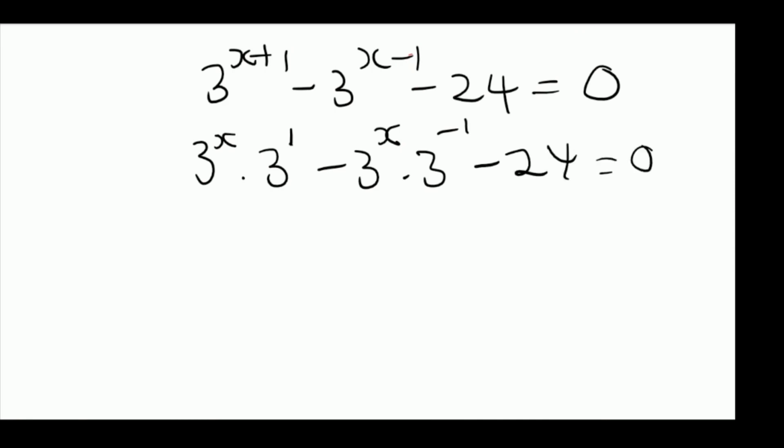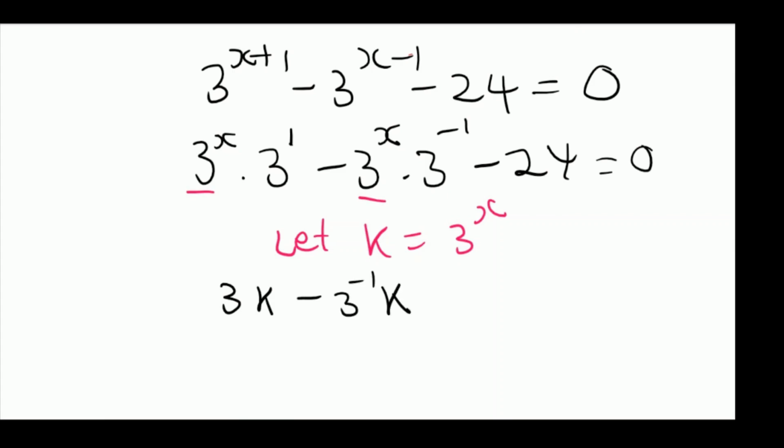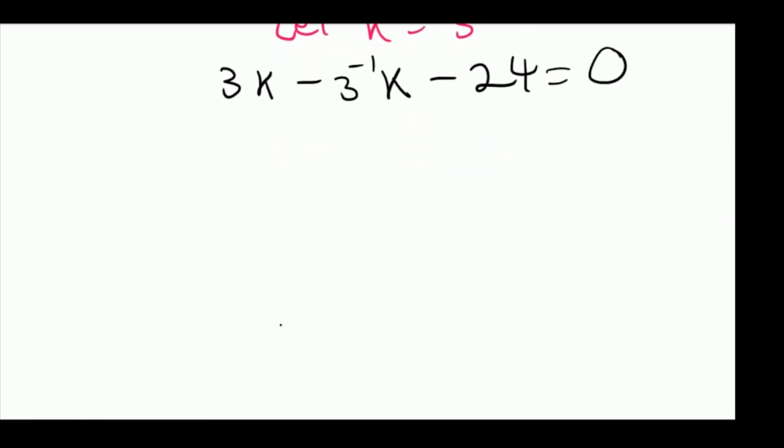Then we let k equal 3 to the power of x, because it's common throughout, and we substitute that value of k. So it's going to be 3k minus 3 to the power of minus 1 times k, minus 24 equals 0. We write this expression in proper form: 3k minus k over 3 minus 24 equals 0.